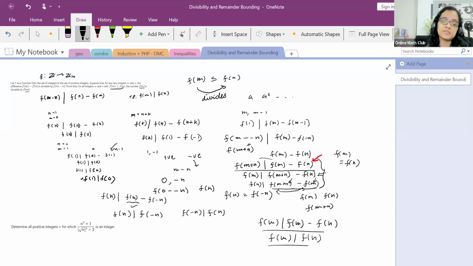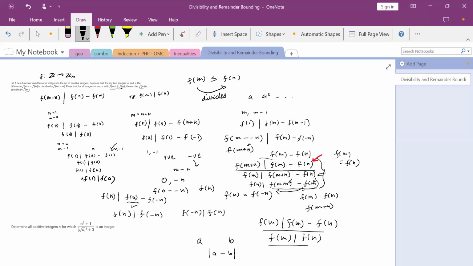Anyway, you know that they're all positive integers. So if f of m plus n is some a and f of m is some b, then the size of a minus b cannot be bigger than something that's bigger than a and b themselves, right? Yes, exactly, that's what we're doing.